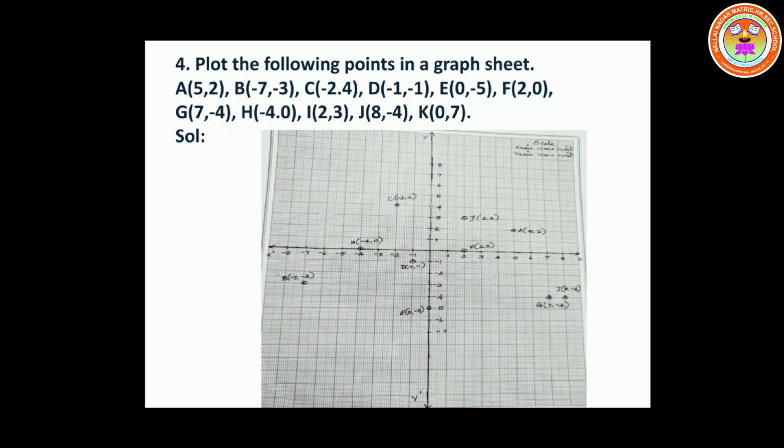So 5, 0, 2, 7, 2, 8. So that means my x value should be 8. 8 is the highest positive x value. And what is for negative? Which is the highest? Minus 7. Yes or no? Yeah, very good.